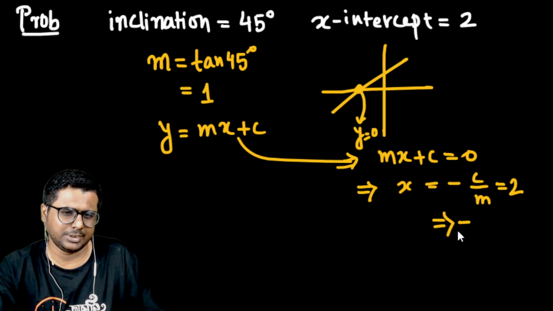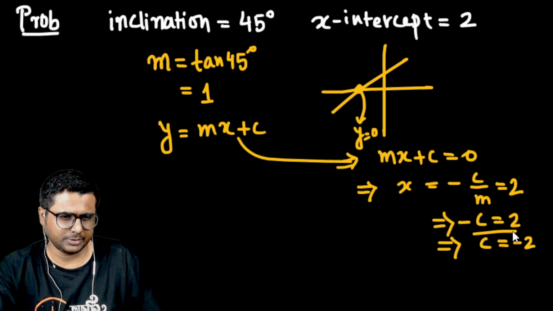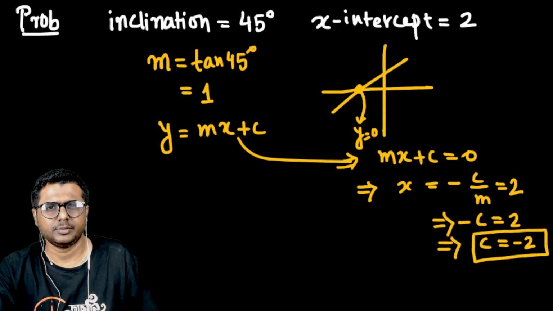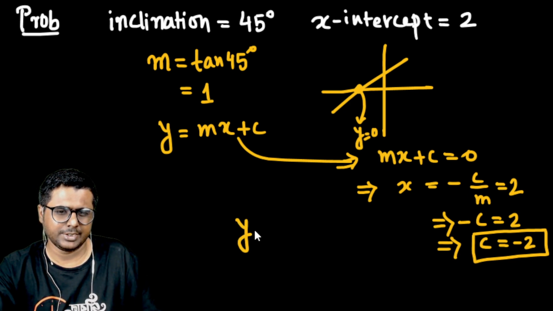So minus c is equal to 2. So c is equal to what? Minus 2. c is equal to minus 2. Tick. So now the problem is very easy. y is equal to mx. mx means 1 into x, so x. c is minus 2, so plus minus 2, and the problem is so easy.